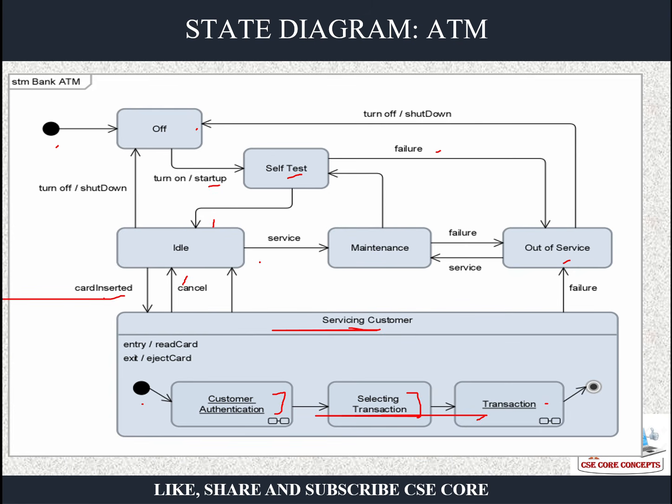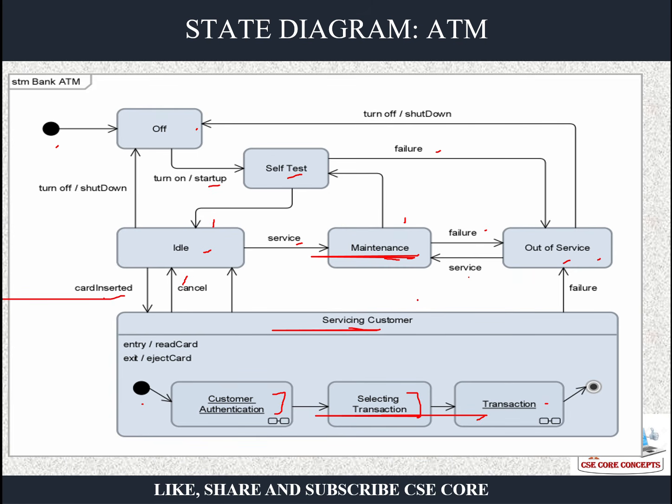Now let's say it was in an idle state and you want to perform maintenance of the machine. If you press service, then it goes to a maintenance state. From the maintenance state it can go again to a self-test to check whether it is working or not. In the maintenance test, if the system has a failure, some major problems, it will go out of service. When the machine is out of service and not working, you perform some maintenance.